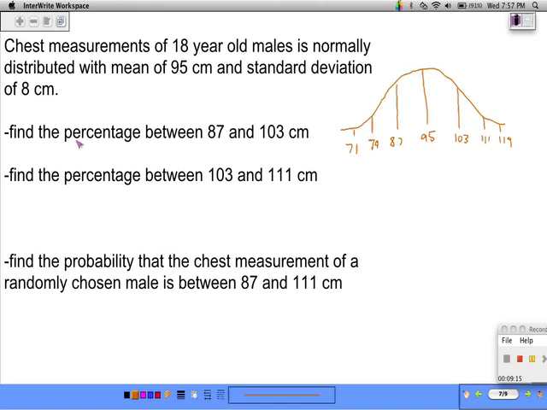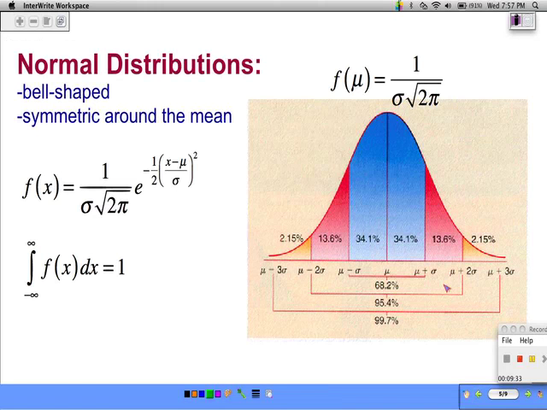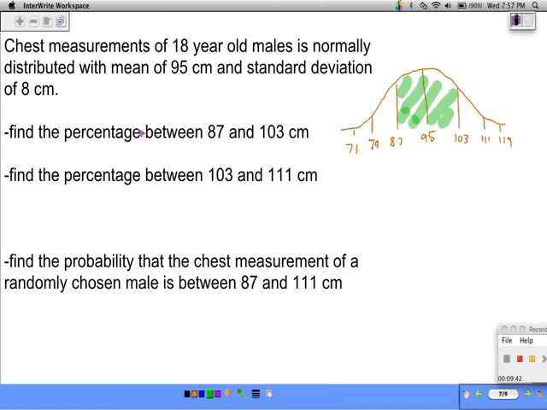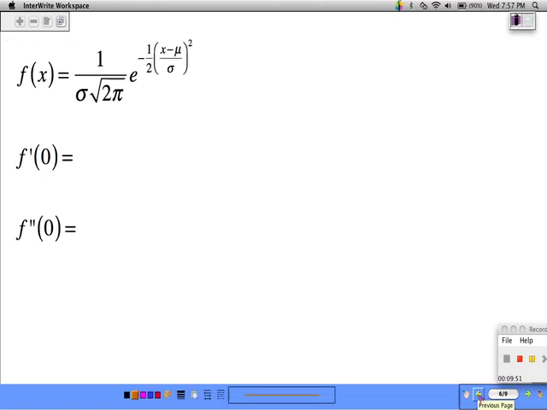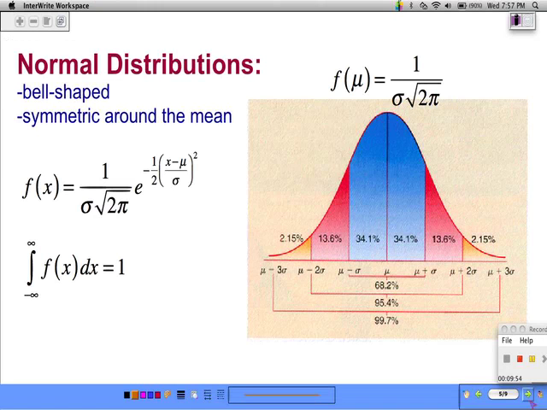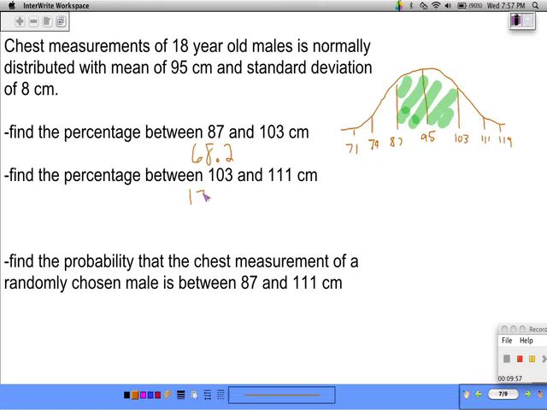Now it's asking us to find the percentage of the data between 87 and 103. Well, that would be represented by this area, and that's 1 standard deviation either way. If we go back to our picture here, there's 68.2% of our data within 1 standard deviation. Between 103 and 111, if we go back to that picture again, there's another 13.6%.